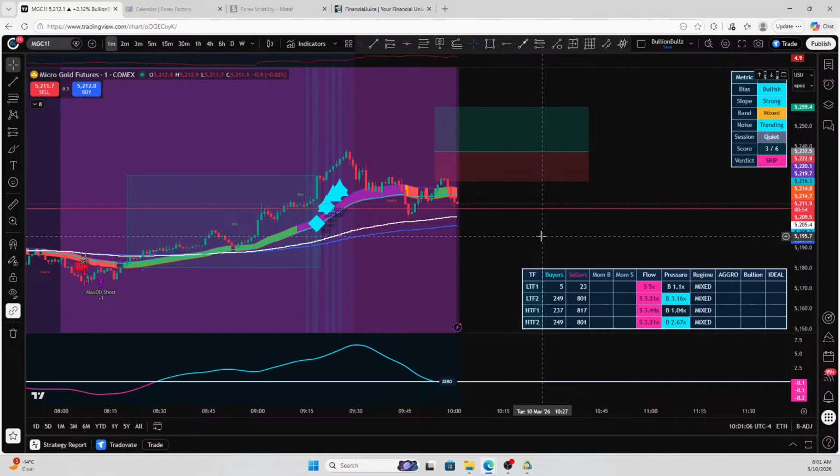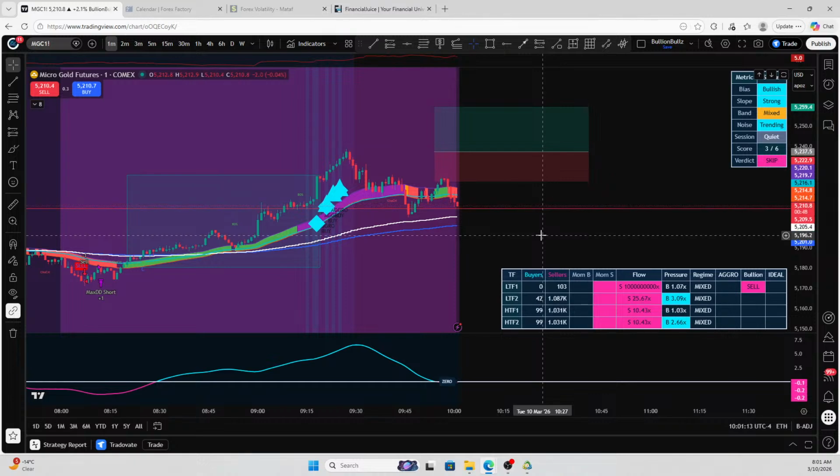Price is staying pretty close to the previous day high. It's staying above, but it's not trying to trend to the upside so far. So let's see how price performs, because it's going to help us see if we want to go for breakout style trading. Breakout style trading is valid as long as price stays above the previous day high.